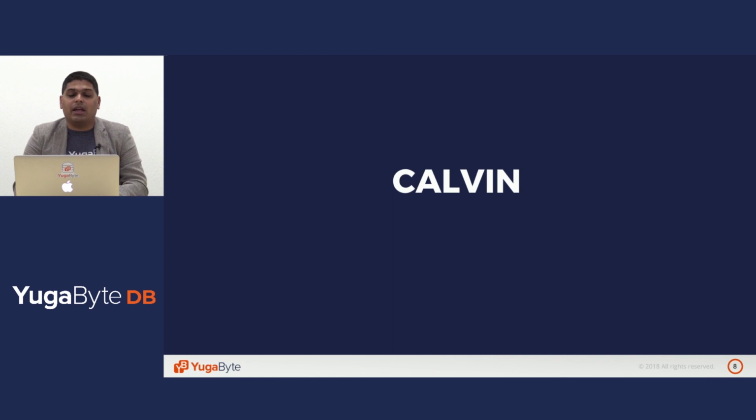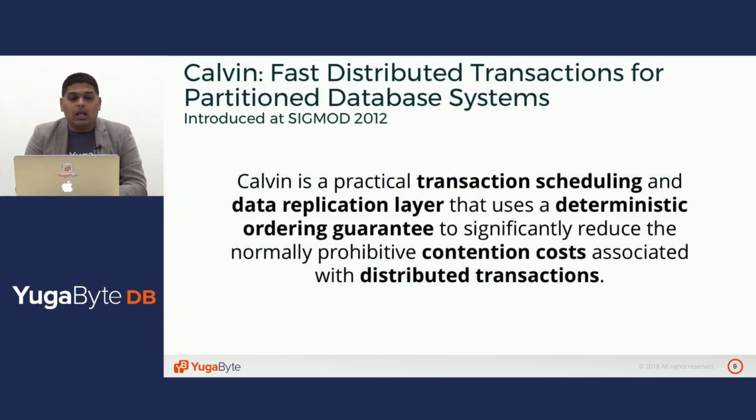Around the same time, a different global consistency paradigm was introduced, and it was called Calvin, out of a research team at Yale. Calvin was described as a practical transaction scheduling and data replication layer that uses deterministic ordering guarantees, and we'll look at what the deterministic ordering guarantee actually means, to significantly reduce the prohibitive contention cost associated with distributed transactions.